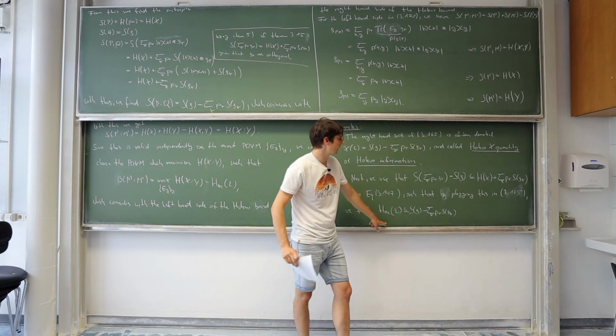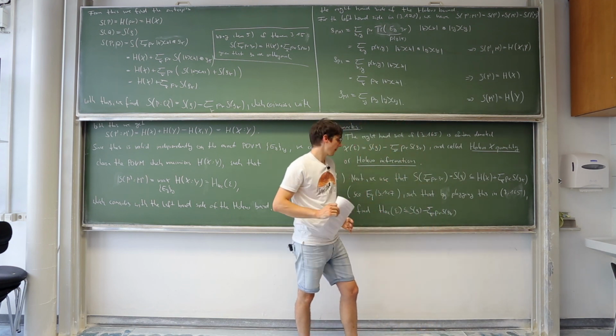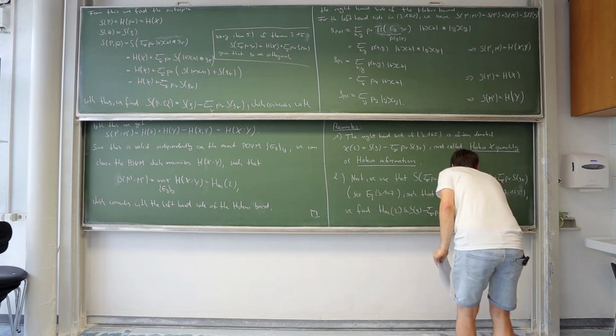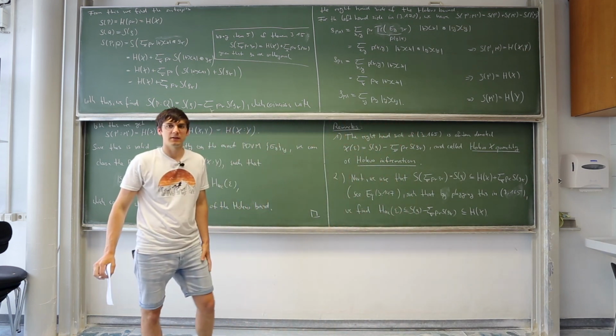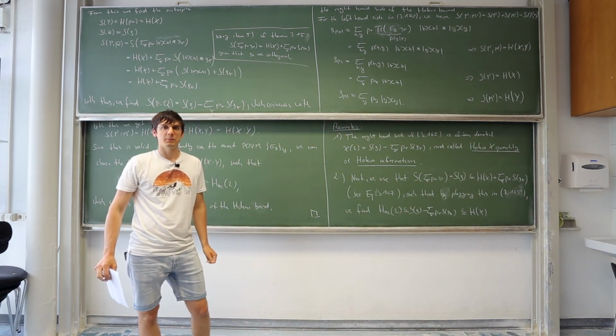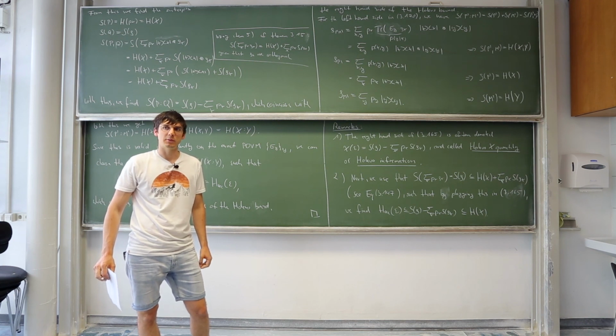This was the Holevo bound, and now we plug in this here, and then we find that this is smaller or equal to h of x. And this is what we stated when we motivated the accessible information.